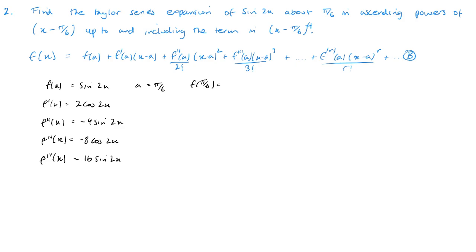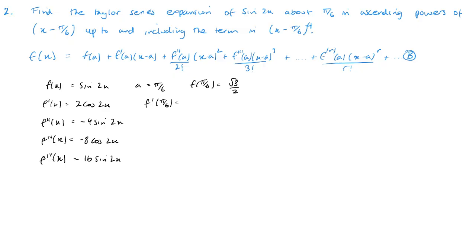So when I substitute that in, I'm going to get root 3 over 2, because it's like sine of 60 degrees, isn't it? f dash of x, oh sorry, it's not f dash of x, it's f dash of pi by 6.